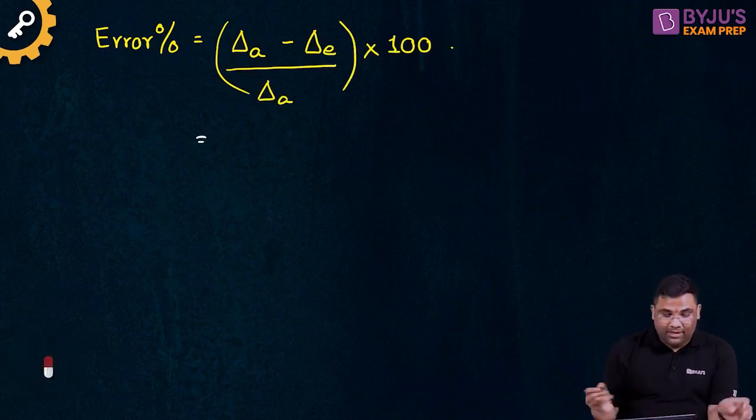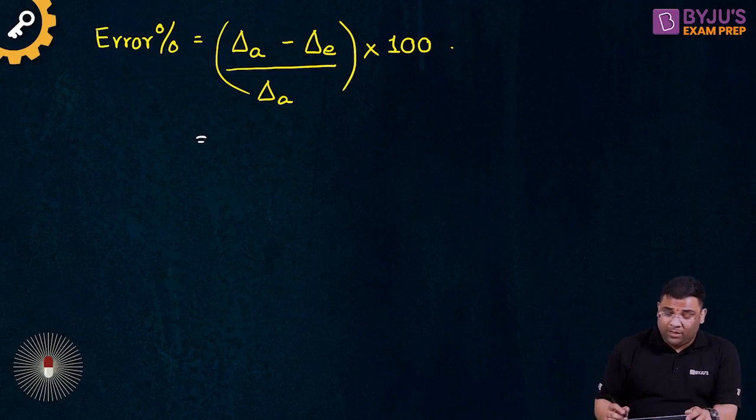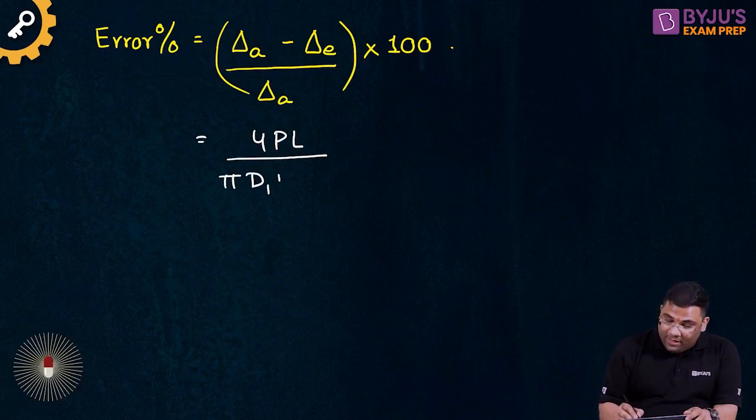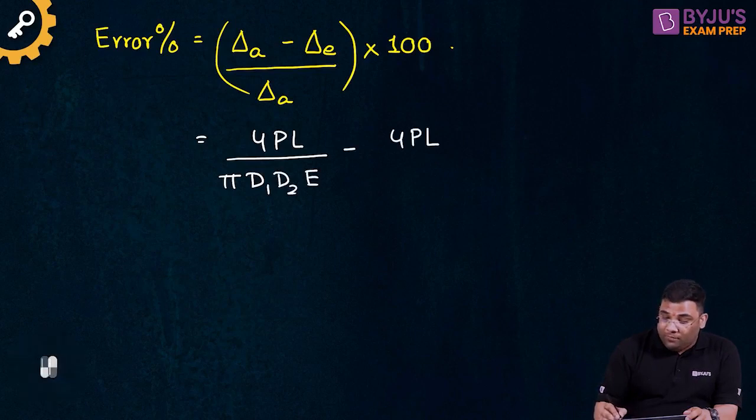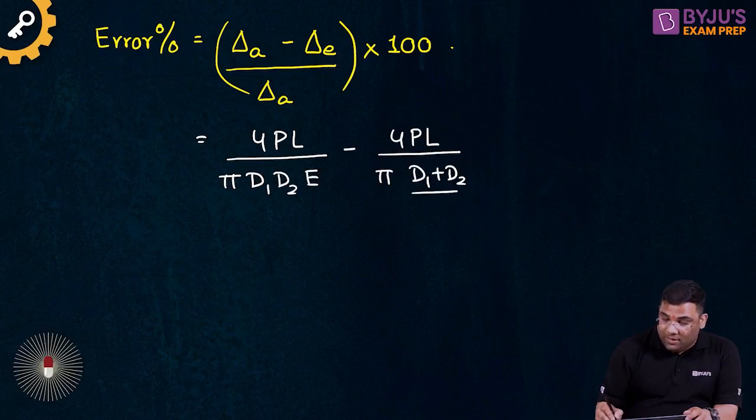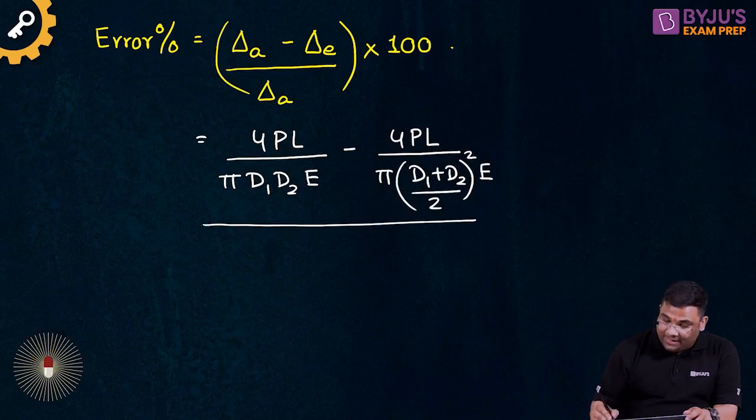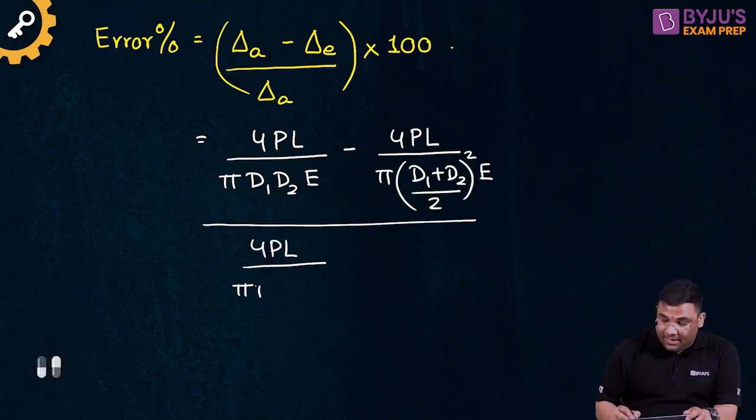The actual one was 4PL by pi D1 D2 into E, and the error one was 4PL by pi into D1 plus D2 by 2 whole square into E, divided by 4PL, the actual one, pi D1 D2 into E, and then into 100.